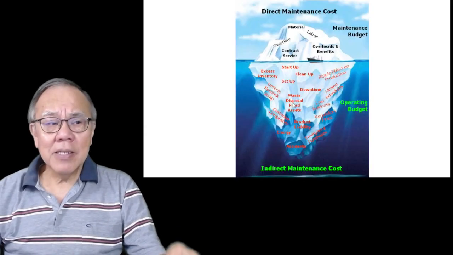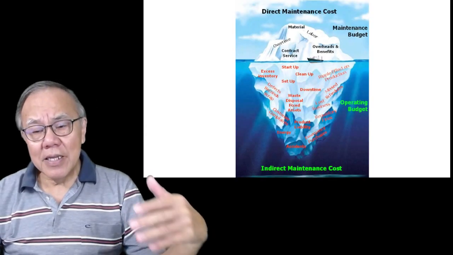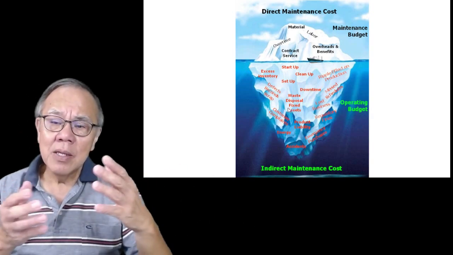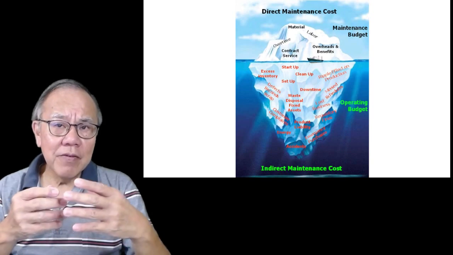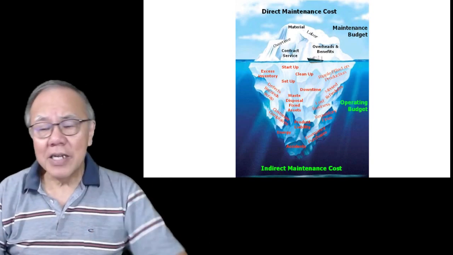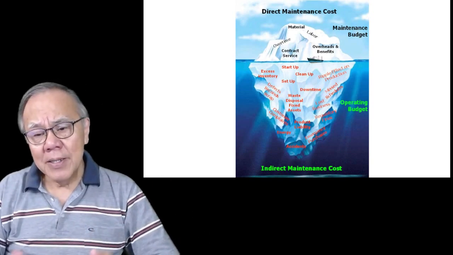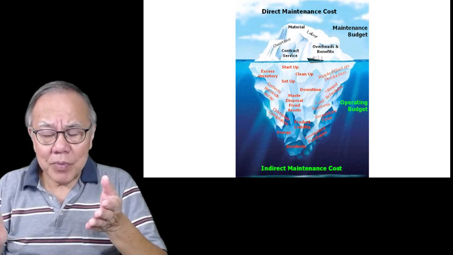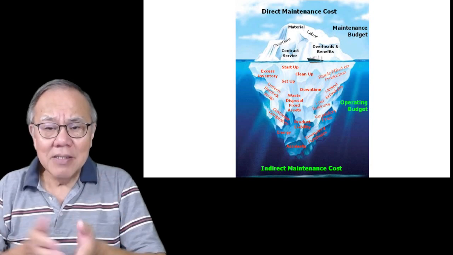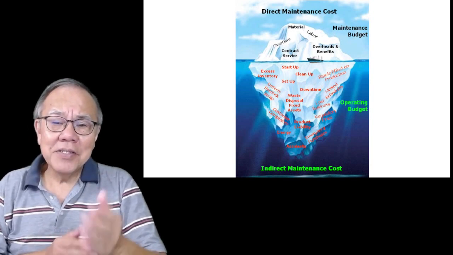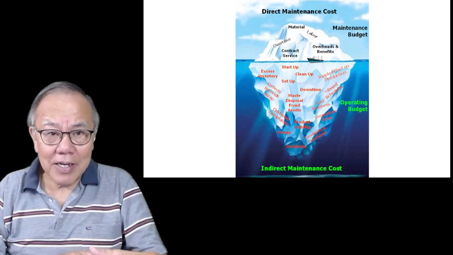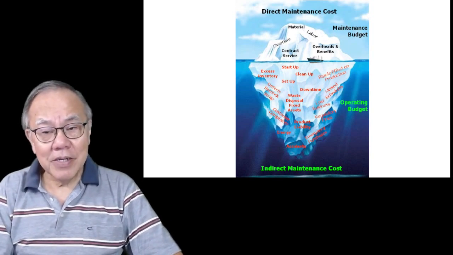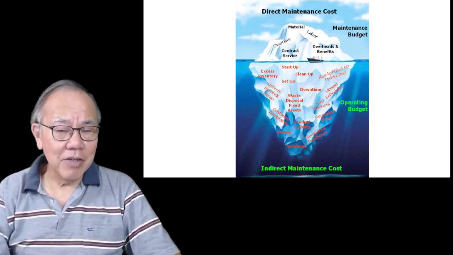But sufficient to say that in maintenance costs, there's what you call the direct cost, which is very visual, just like the tip of the iceberg. But if you're not doing your maintenance properly, then the unseen or indirect cost can cost you much more. The theory of the iceberg is 10% is on top, 90% is on the bottom.